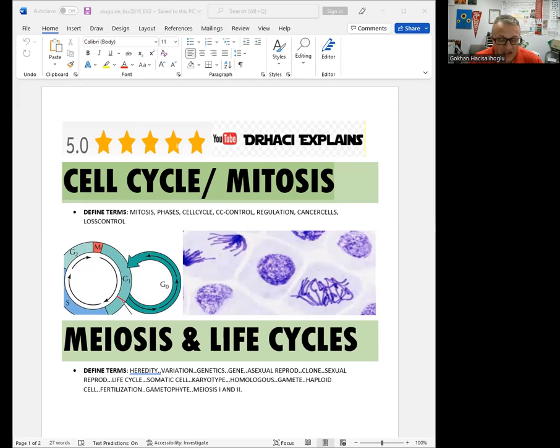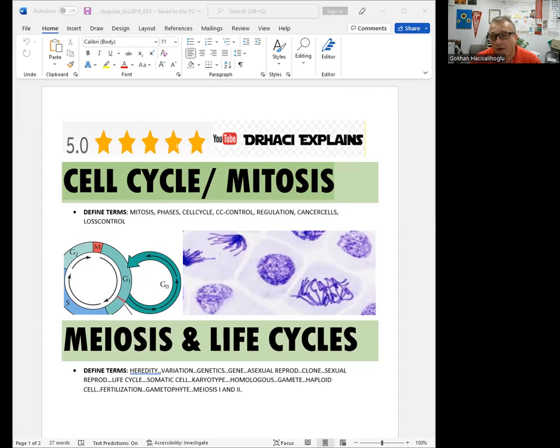Cell division is essential for life, perpetuation of life, development, growth, repair, and many other things, especially in multicellular organisms, right? It also provides for reproduction of unicellular organisms.